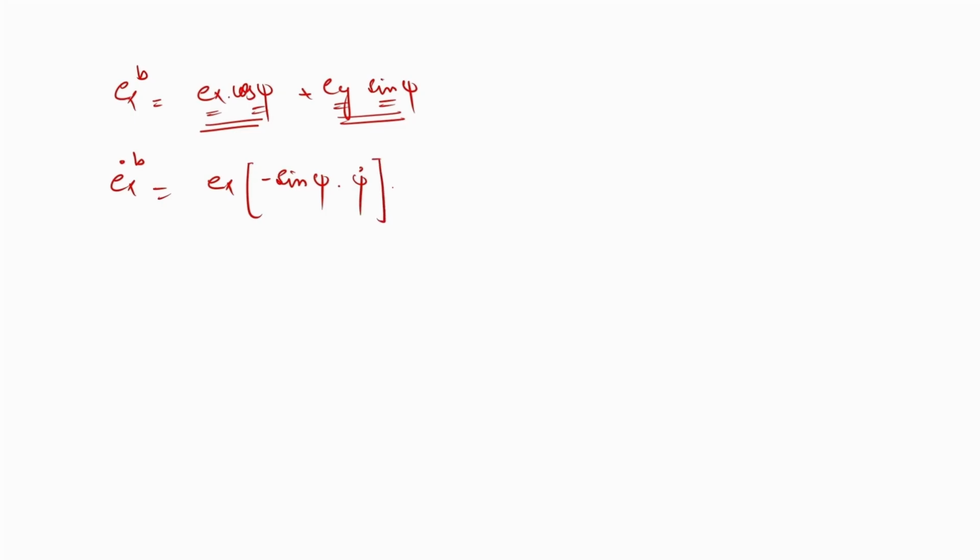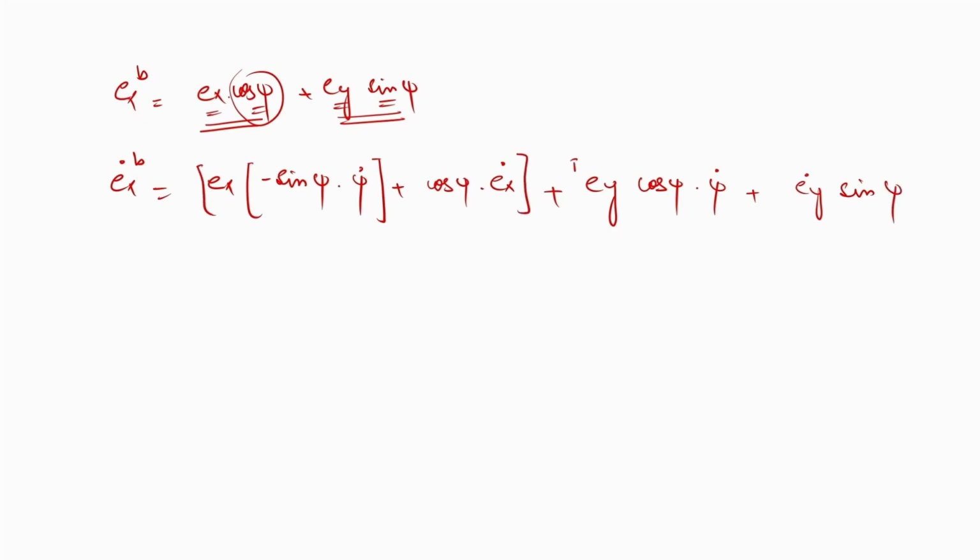Then plus the second term cos of psi and derivative of first, so this becomes ex dot. Now for the second term, the derivative of sine psi is cos of psi and the derivative of the angle, plus the derivative of the first one, and then sine stays as it is. So this is for the first term before addition, and this is for the second term.